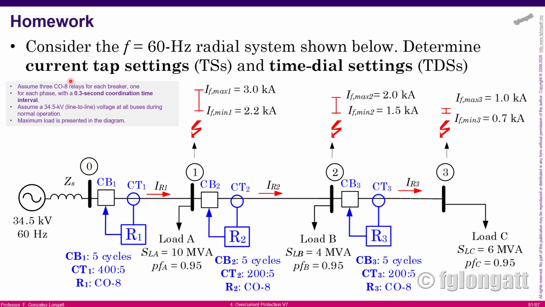Also, additional information, this is an American system, 60 Hertz, and 34.5 kV, that is a very typical American primary distribution system voltage level, okay? Finally, you can assume that the values of the loads presented here, A, B, C, represent the maximum load. That means that you can use those loads for the settings of your relays, okay?